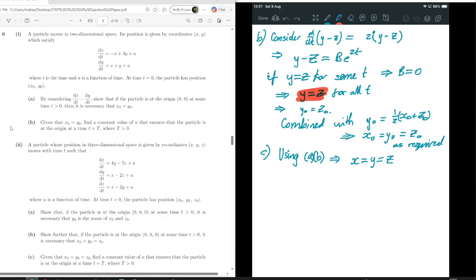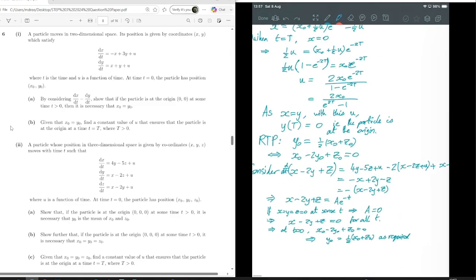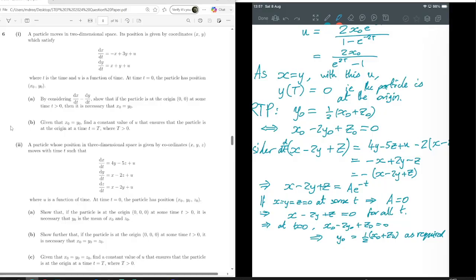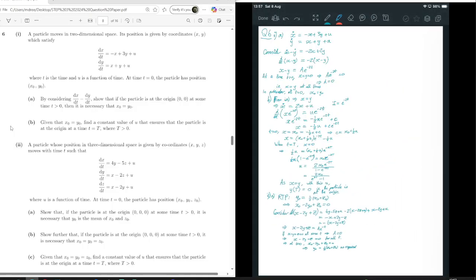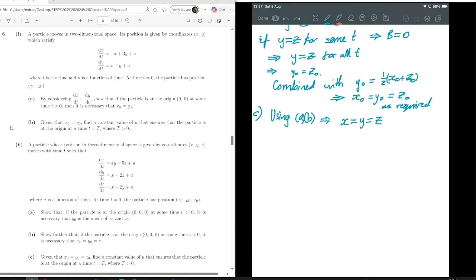So I can say that the y function is equal to the z function, and similarly we had that same statement there. If the y is equal to the z, then the x has to be equal to them individually as well. So all the functions are the same, so we can collapse any of our functions.